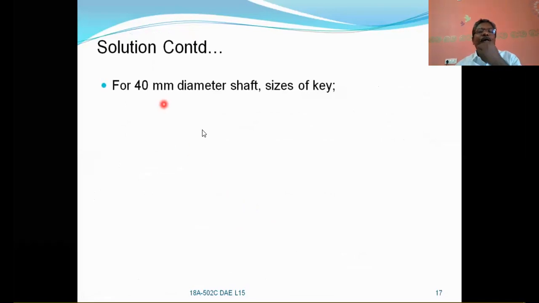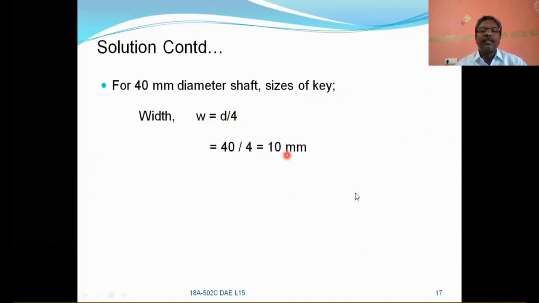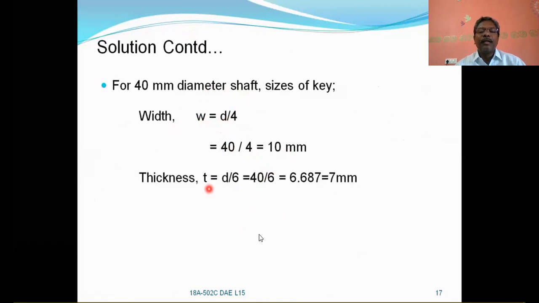For 40 mm shaft diameter, let us decide the sizes of the key as per the proportions. Width of the key W is equal to D by 4, that is 10 mm, and thickness of the key T is equal to D by 6, or 2 by 3rd of the W also, that is 6.687. Let us round it to the next value, 7 mm.